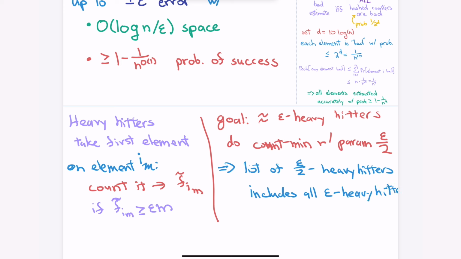Okay, so our data structure won't be perfect. It'll take a few extra elements, at most 2 over epsilon, so it's not so bad. It'll take a few extra elements that are at least epsilon over 2 heavy hitters. But it'll definitely include all epsilon heavy hitters. And I think it's not so hard. If you want to decrease that margin between epsilon and epsilon over 2, you could think about how to tweak that. Yeah, question.